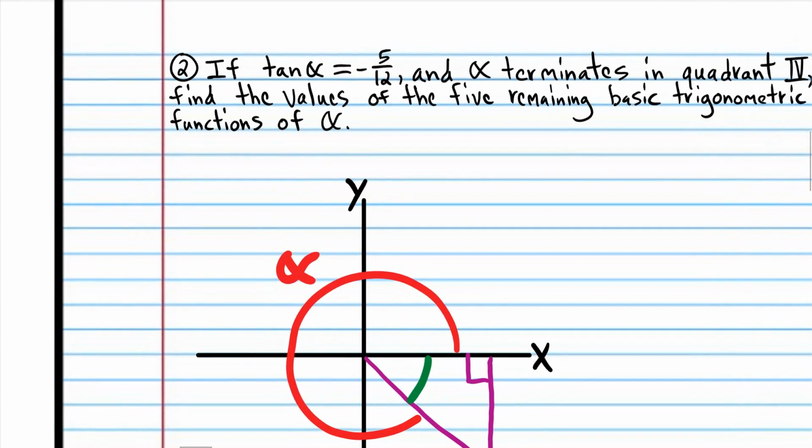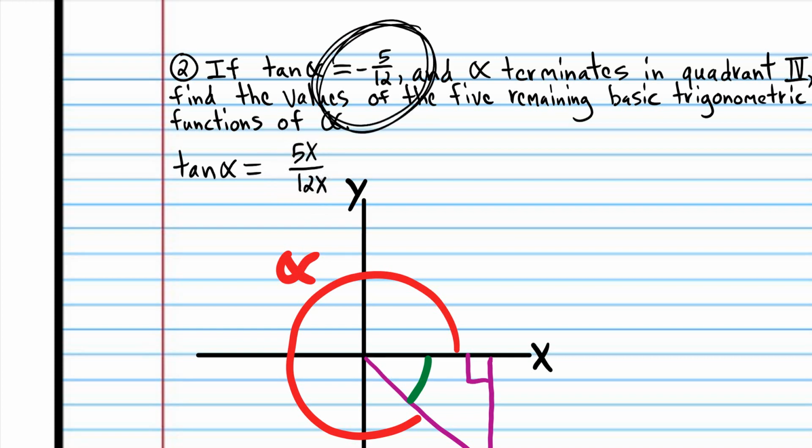And we know that tangent alpha is equal to -5/12, but we don't know the actual side lengths of whatever triangle this is referring to. So we'll say 5x over 12x, because some factor may cancel out when we divide. We don't know the lengths are 5 and 12.